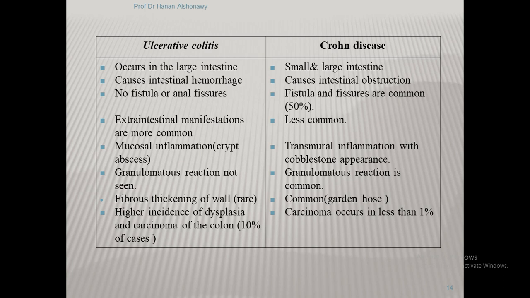Fistula and fissures are seen in Crohn's disease. Extraintestinal manifestations are seen in ulcerative colitis. Crypt abscess is in ulcerative colitis. Granuloma is seen in Crohn's disease. Fibrous thickening of the wall is rare in ulcerative colitis but is common in Crohn's disease. Incidence of dysplasia and progression to carcinoma is common in ulcerative colitis.